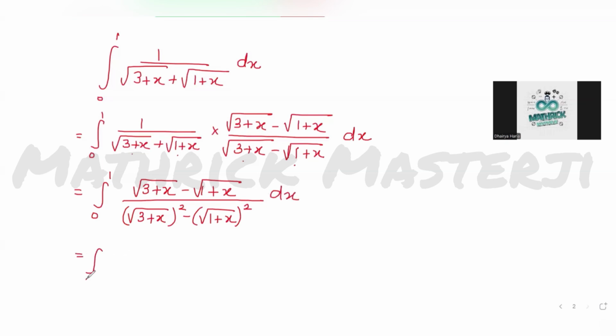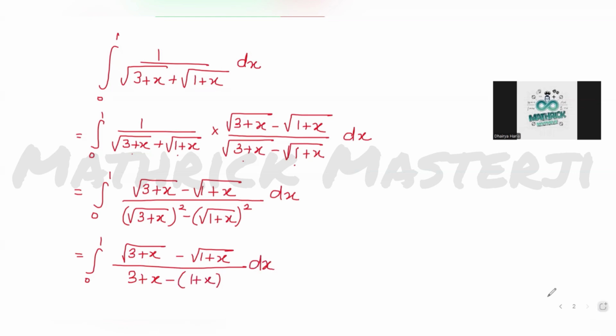Further, I get the integral from 0 to 1 of root of 3 plus x minus root of 1 plus x, divided by, the square root and square get cancelled, so you have 3 plus x minus 1 plus x.